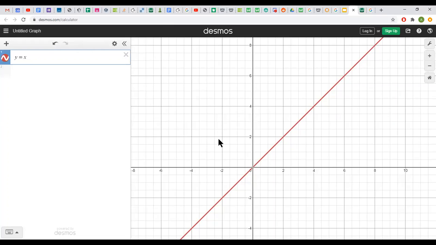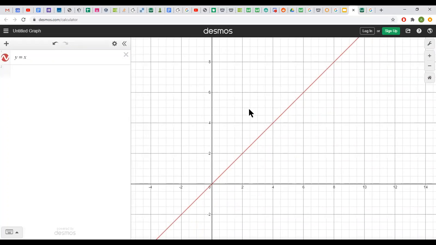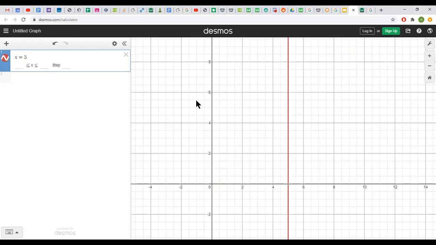And if at any given point it only passes through one point, then it is a function. If it's passing through our graph over here, we can see that at any given moment, it's only passing through one point. But if we look at x equals 5 and apply our vertical line test, we can see that the vertical line passes through basically infinite points, infinite y values. So that's why this isn't a function. Okay, so that was the vertical line test.